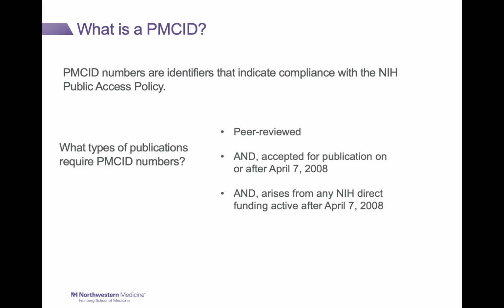So basically anything that's NIH funded that is full text and peer reviewed has to be assigned a PMCID. I tell people, if you can't remember that PMC stands for PubMed Central, think of the C in the PMCID as compliance. That's the identifier that indicates that your paper is in compliance with the NIH law about full text being deposited to PubMed Central.